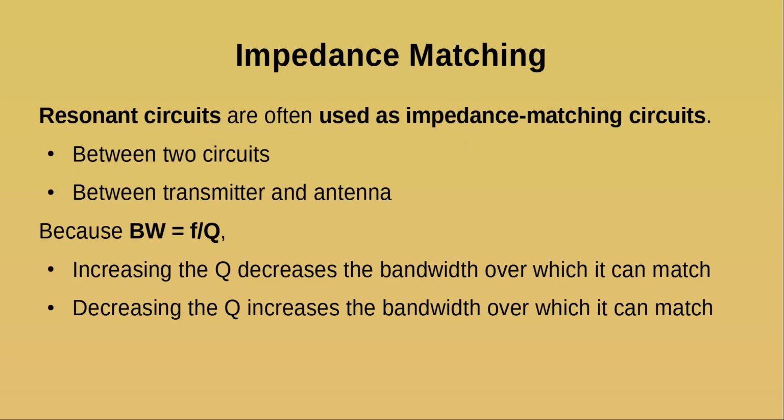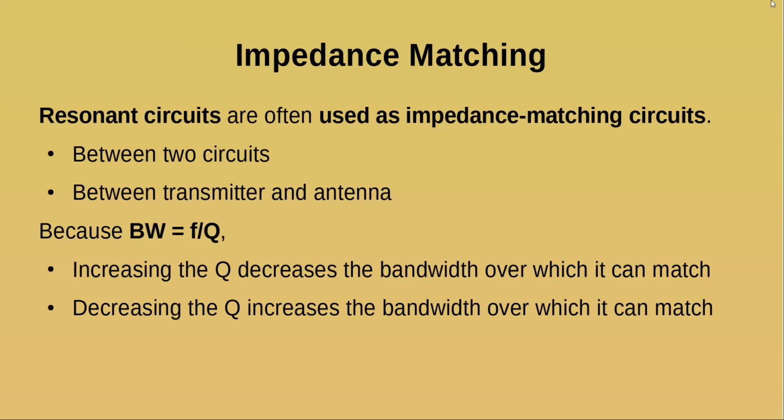Sometimes we use resonant circuits as an impedance match, either between two circuits in a receiver or transmitter, or to match your transmitter to your antenna. Bandwidth becomes a factor, so obviously Q does. There are calculators on the web for pi and T matching networks, and you plug in your parameters, one of which is the Q you want, to determine the bandwidth.